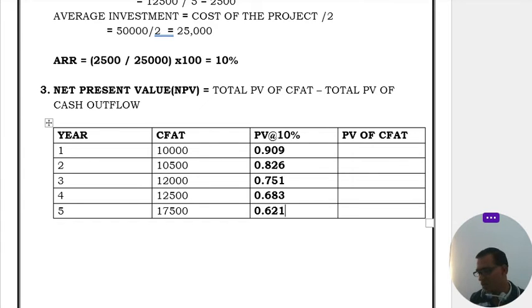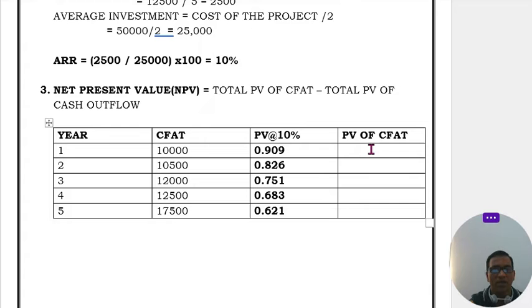PV of CFAT means CFAT values multiplied by table values. The CFATs are future values, we are converting them into present values by discounting.